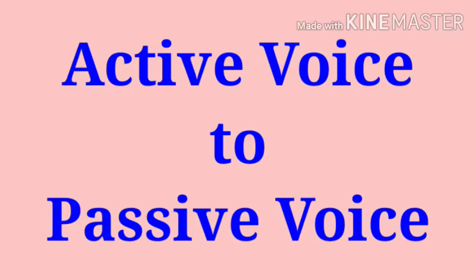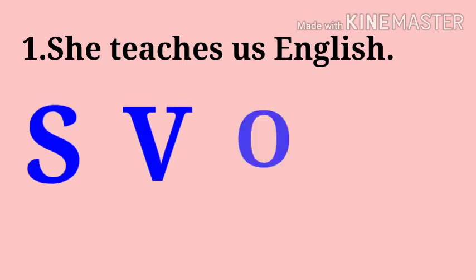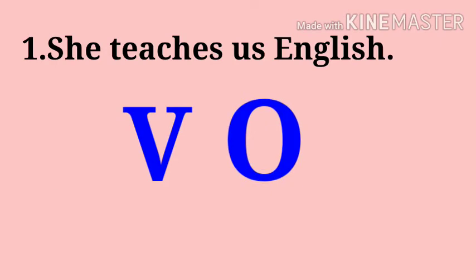Okay, now see the first sentence. She teaches us English. What is necessary to change active voice into passive voice? First of all, we have to identify the subject, verb and the object from the sentence, isn't it?